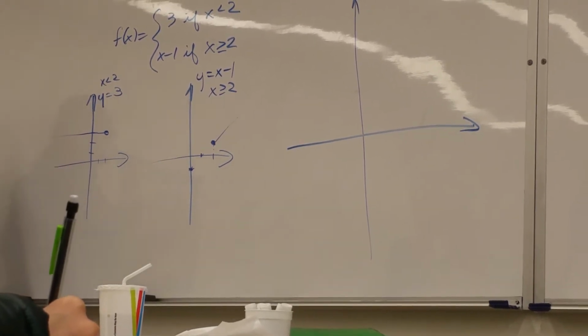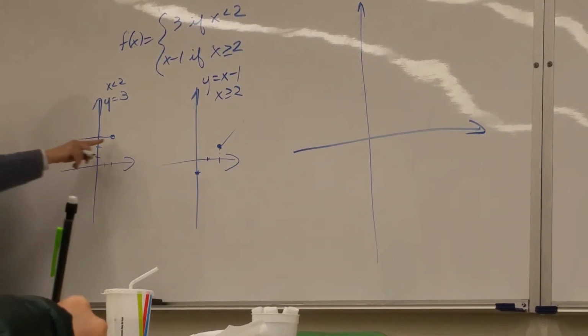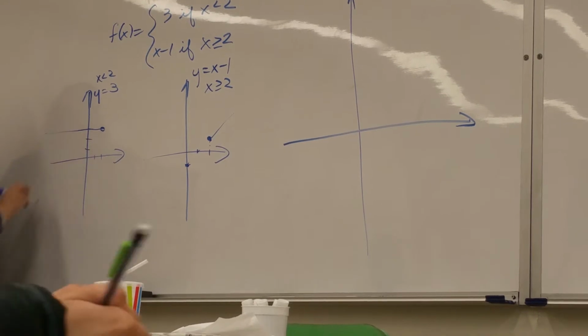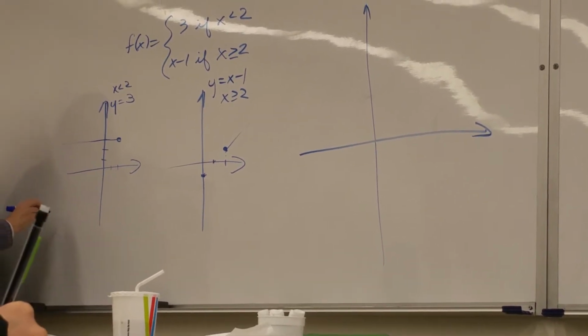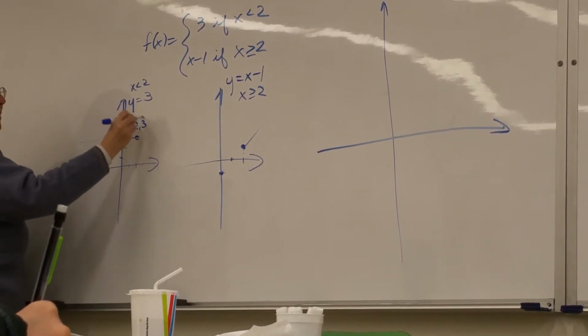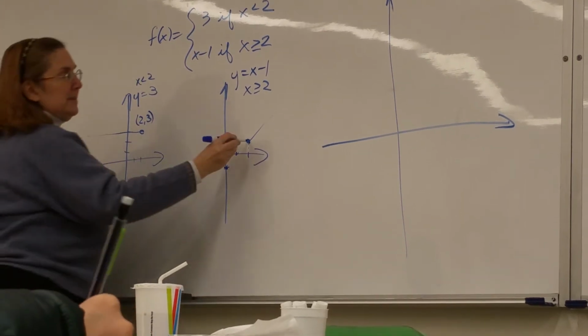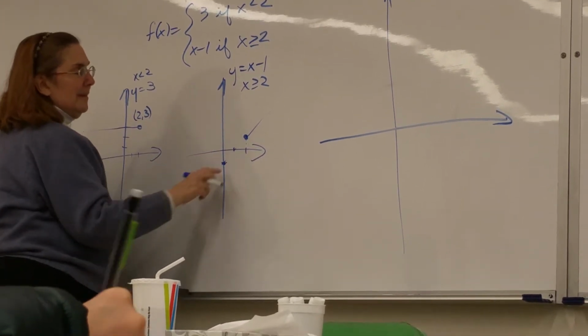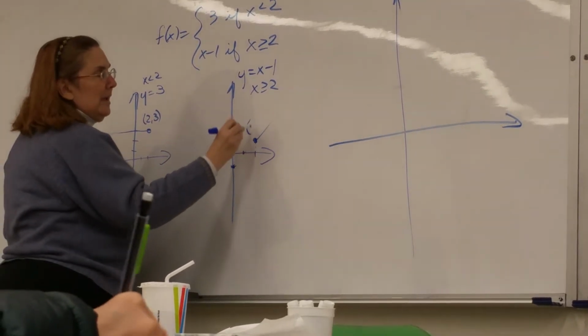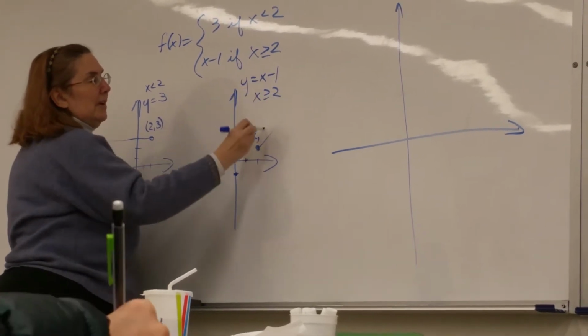Now, let's go back and find those endpoints. What is this point? 2, 3. And what is this point? If I plug in 2, I get 1.